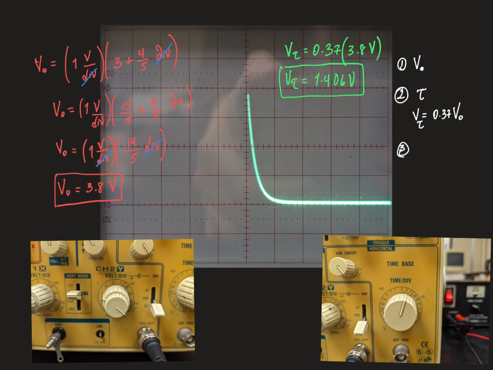All we have to do now is go here and find where 1.4 volts happens. Well, this is 1, this is 1.2, 1.4 is here. So that means this is 1.4 volts.